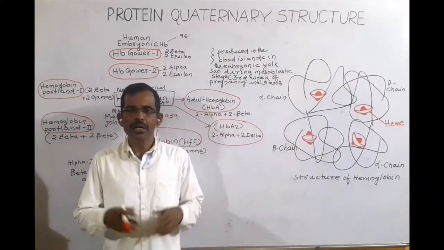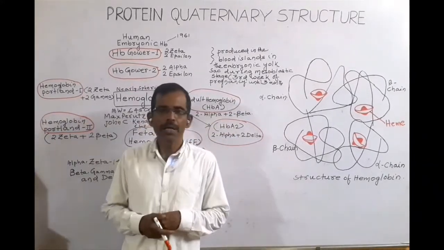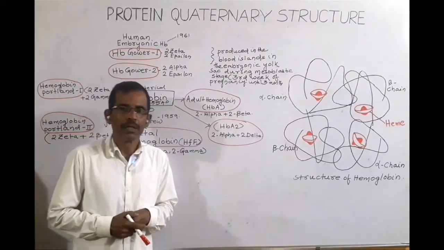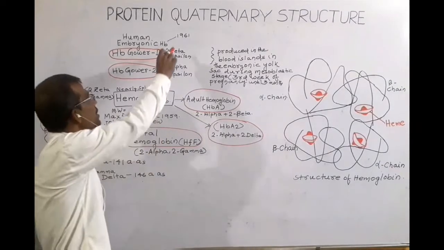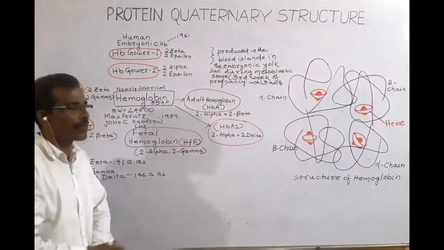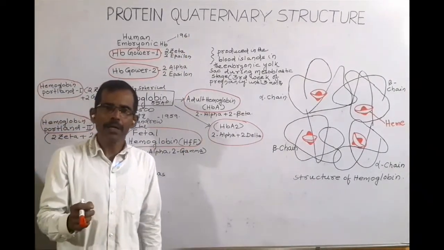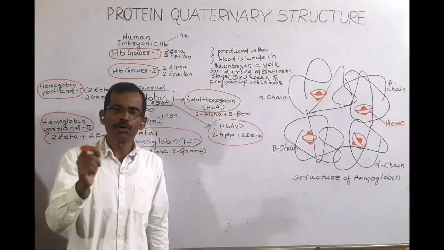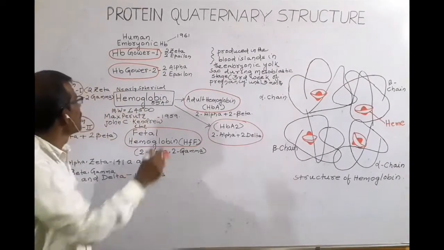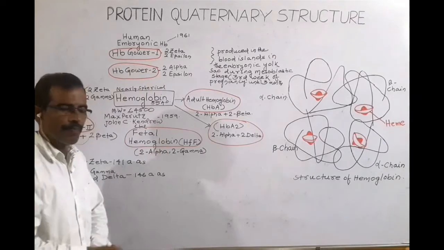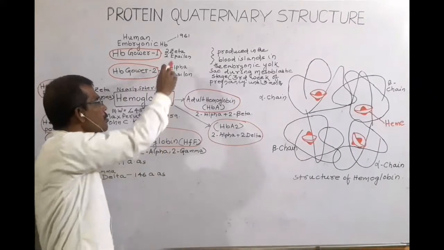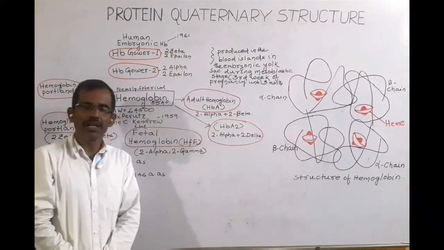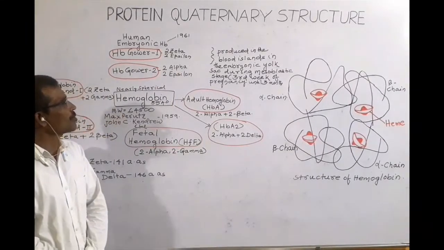There are different forms of human embryonic hemoglobin. The human embryonic hemoglobins were discovered in 1961. The primary embryonic human hemoglobin is HB-Gower 1, composed of 2 zeta chains and 2 epsilon chains.